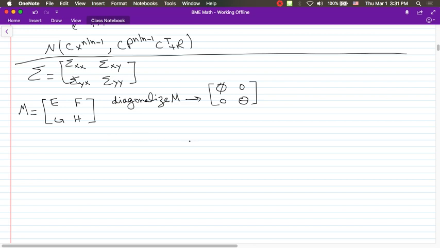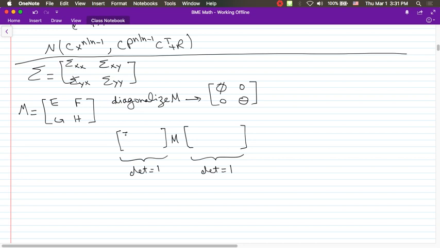So what you're going to do is to multiply M by something on the left side and then something on the right side. And the important property of this thing that you're going to multiply is that its determinant is going to be equal to 1. So we're going to take the matrix M and multiply it by something on the left and something on the right, where the something on the left and right have determinants that are 1.